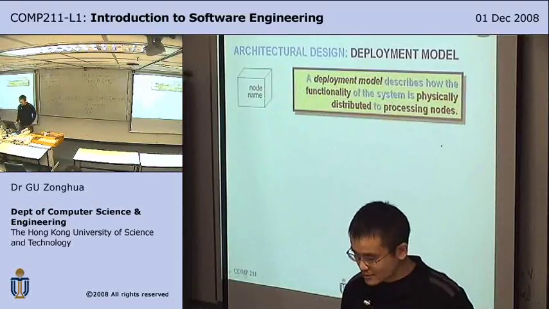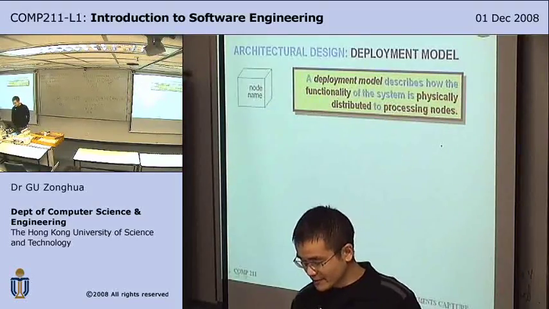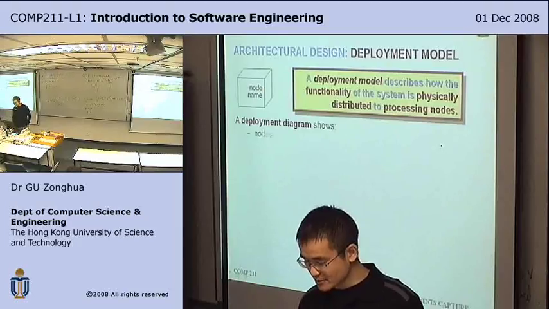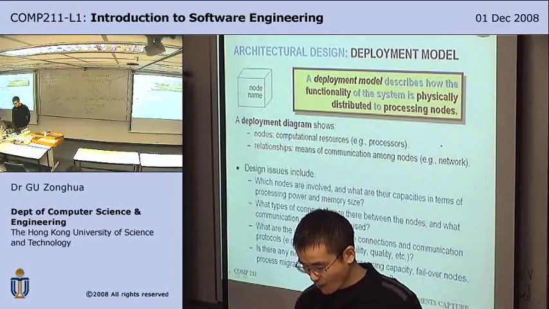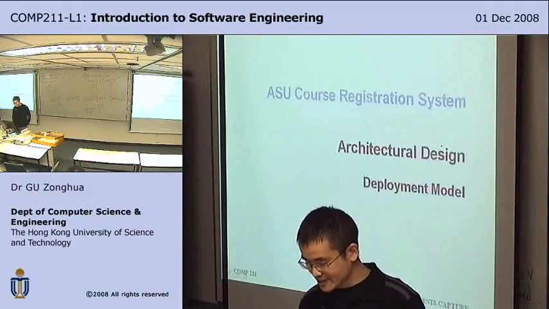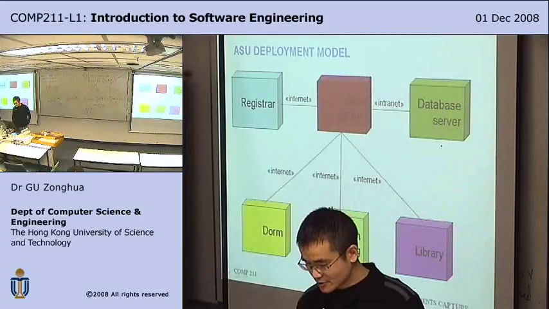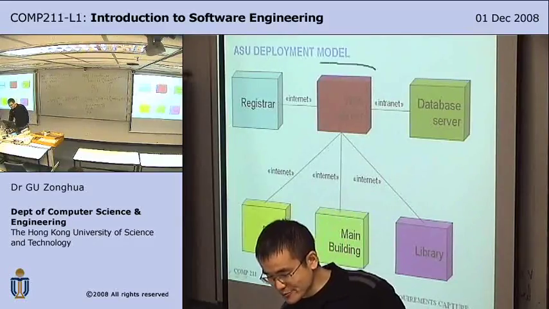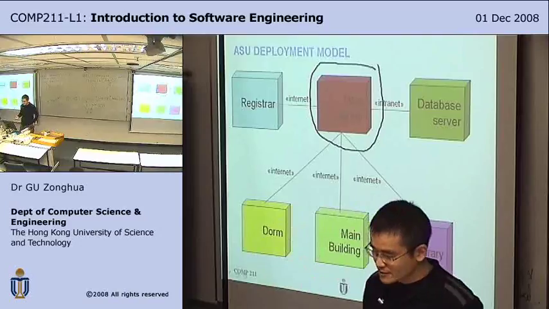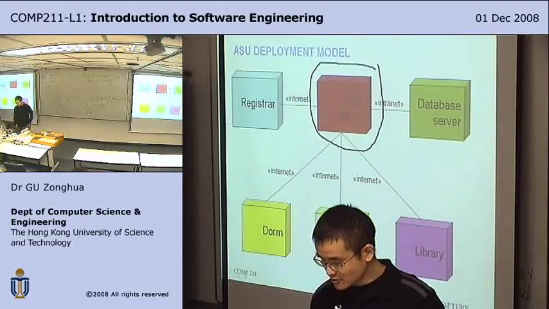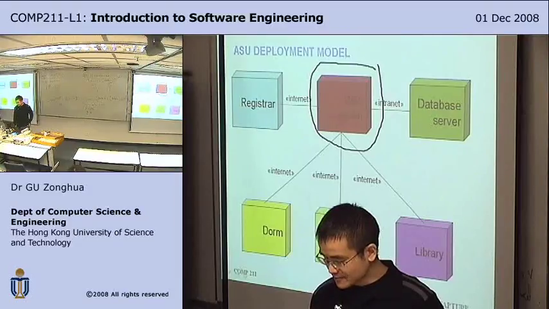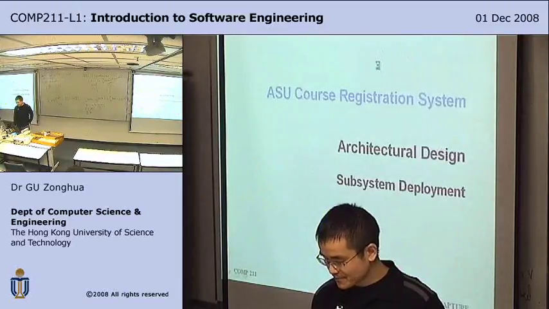So deployment describes how the functionality is physically distributed to processing nodes. So you need to consider the computing capacities, etc. This shape here, like a box, means that it is a physical location, a physical computer.